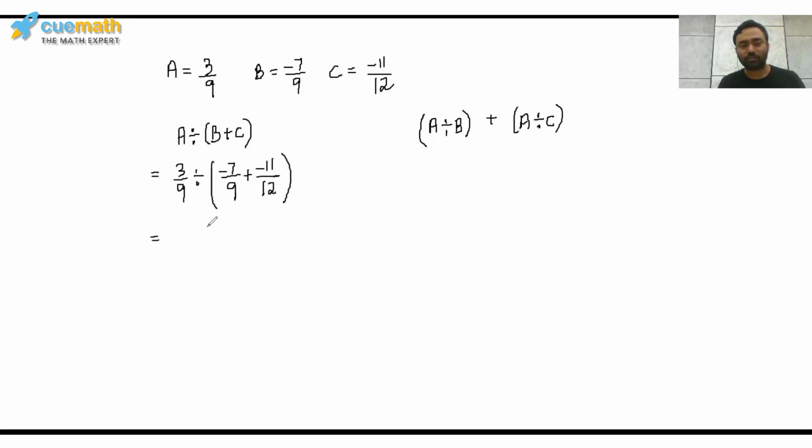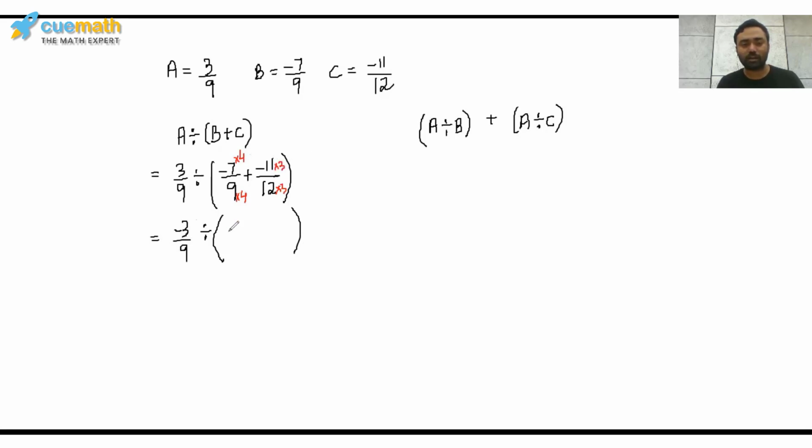So let's solve the bracket part first. So negative 3 over 9 divided by, now since there is an addition sign, so the LCM of 9 and 12 would be 36. Now to get 36, we'll have to multiply this 9 with 4 and we'll have to multiply this with 4 as well. Here 12 will be multiplied with 3 and negative 11 will also be multiplied with 3.